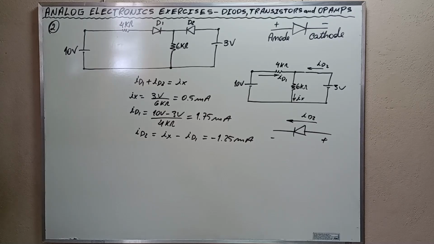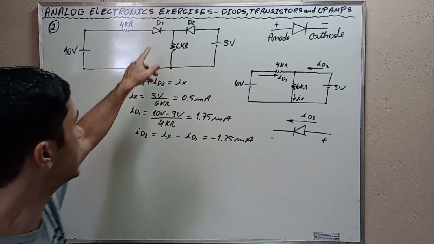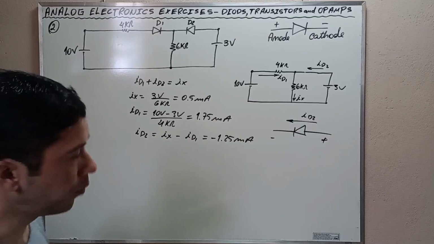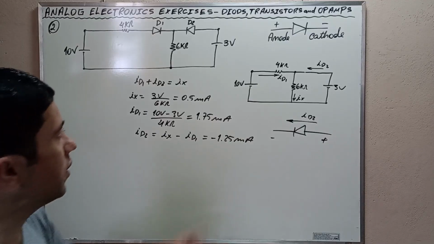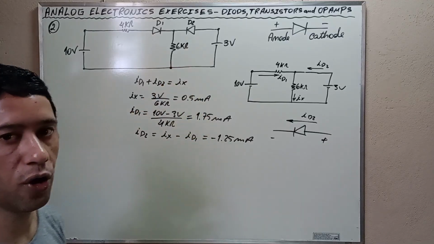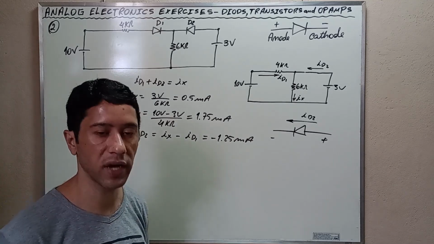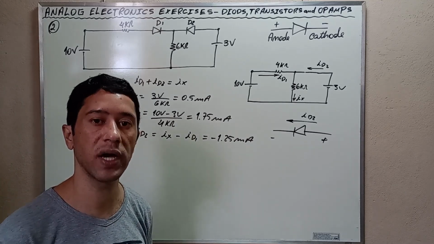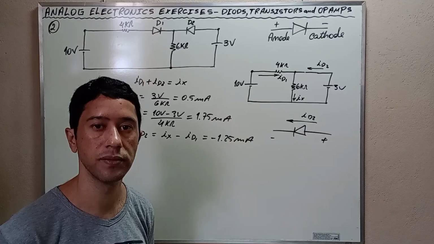So D2 is off, contrary to the assumption proposed by the exercise. The exercise proposed the assumption that both diodes are on, but we discovered that in reality D2 is off. Alright, my friends, this is all for exercise 3. Let's go to exercise number 4.